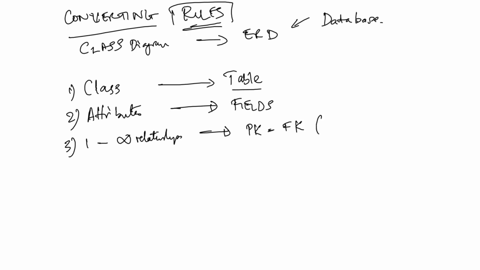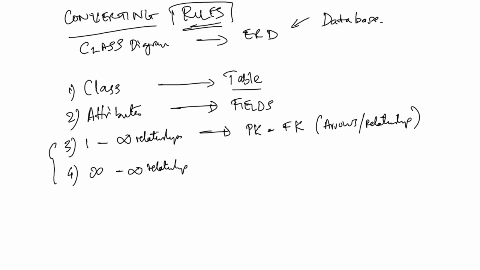These are shown by arrows, or relationship. It shows relationships. Fourth, if you have many to many relationships, and so these two are where we have cardinality.